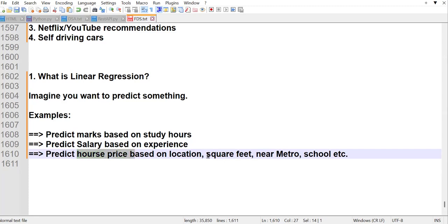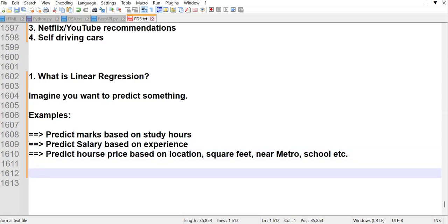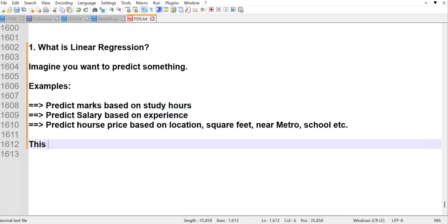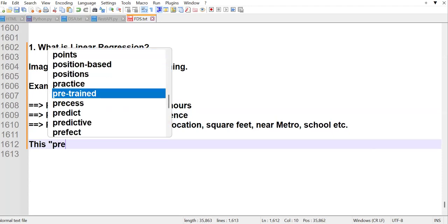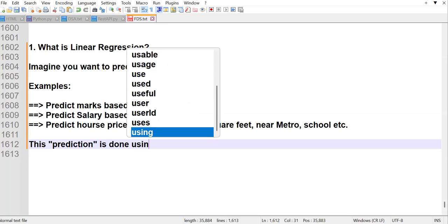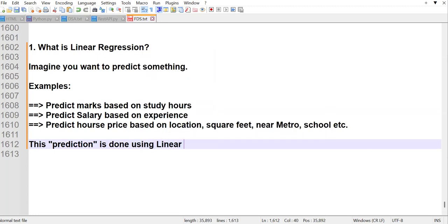These are the factors through which we can predict the house price based on location. What's the location, what's the square feet. So what is the meaning of prediction? Prediction is done using linear regression.